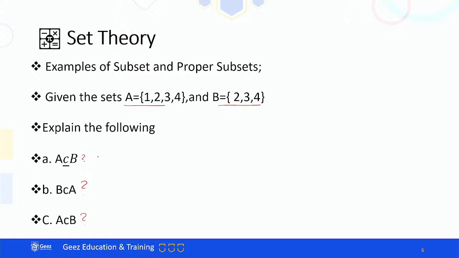Say, for example, let's consider A. Do you think that A is a subset of B? Is A a subset of B? That's the question. So you need to justify the concept of subset.